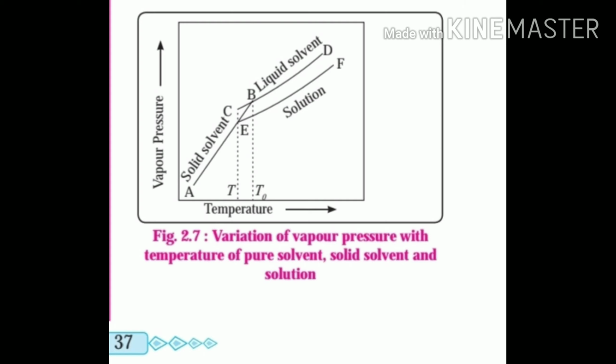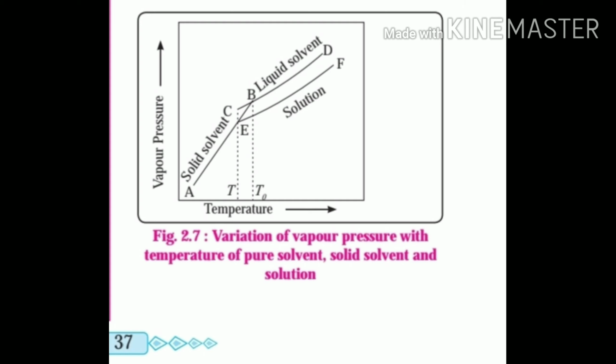If you look at curve AB and curve CD, they both intersect at point B, which corresponds to the freezing point of the solvent. At point B, their vapor pressures become equal.